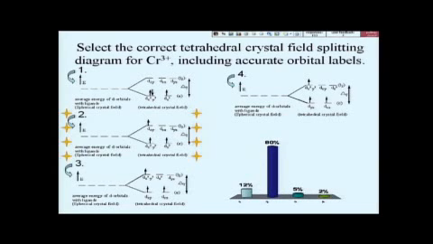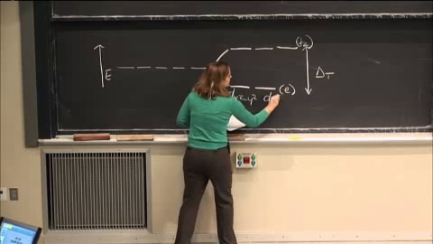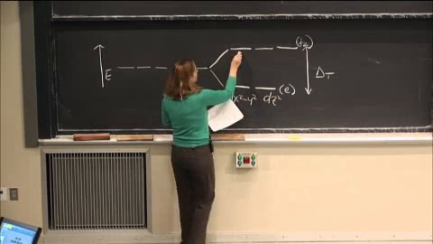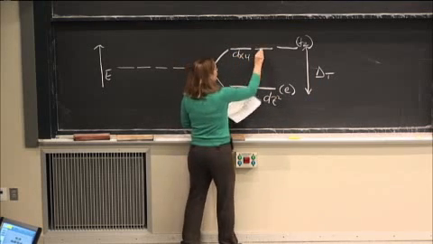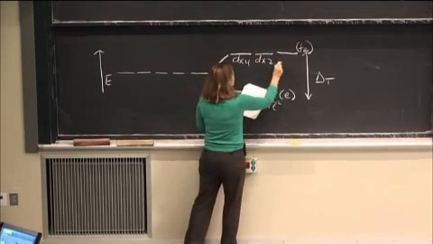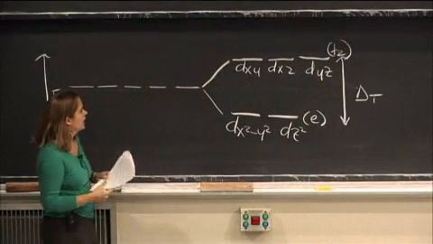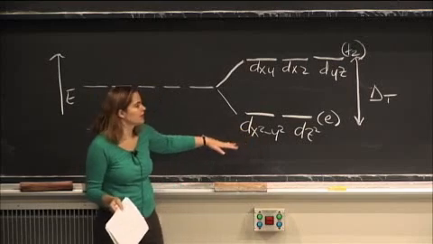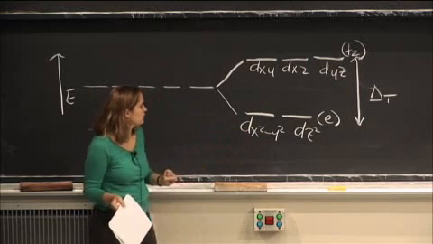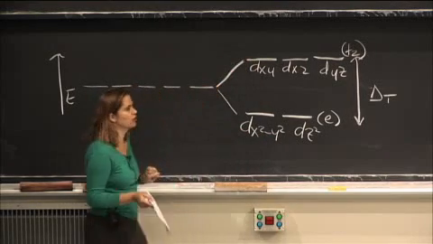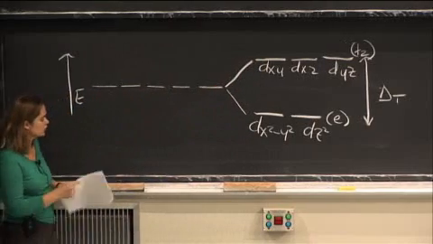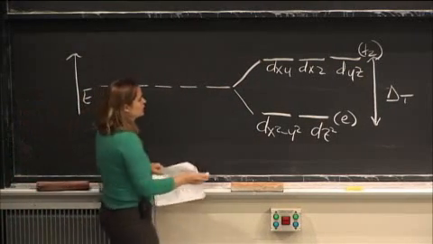So let's take a look at that. Down here, we're going to have our dx²-y² and dz² orbitals. Up in the top, we have xy and xz and yz. Again, the orbitals that are on axis are repelled a little less than the orbitals that are off axis in a tetrahedral case. And then we put in our electrons.